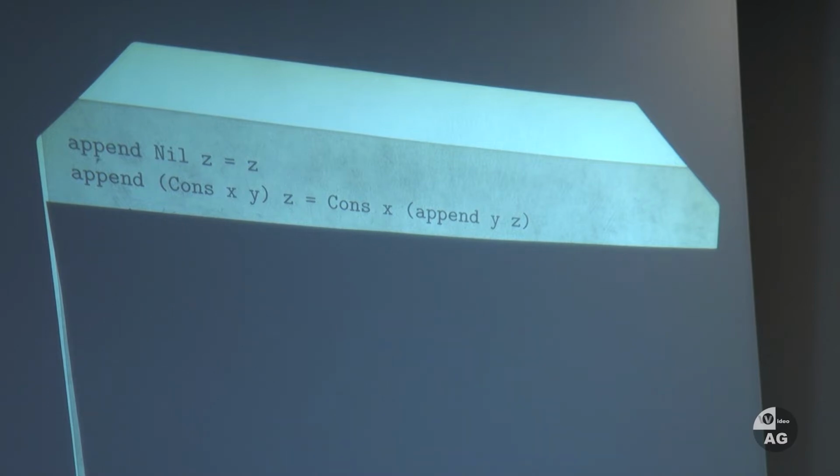And rule number 1 is transform a sequence of function declarations into a pattern declaration. So how does that work?